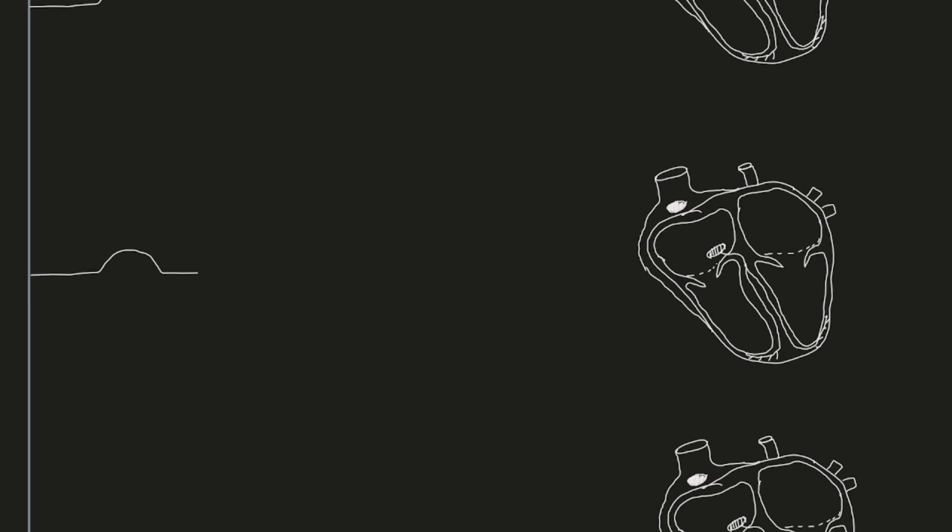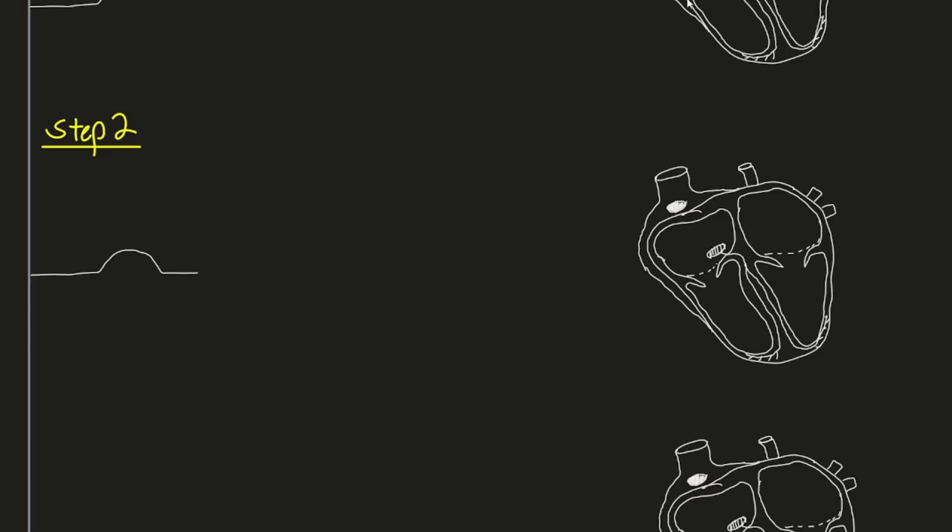Okay, so now we're going to step 2. In step 2, we will focus on the heart first, so the physiology, and not look at the EKG until after we label and talk about what the heart is doing in this step.